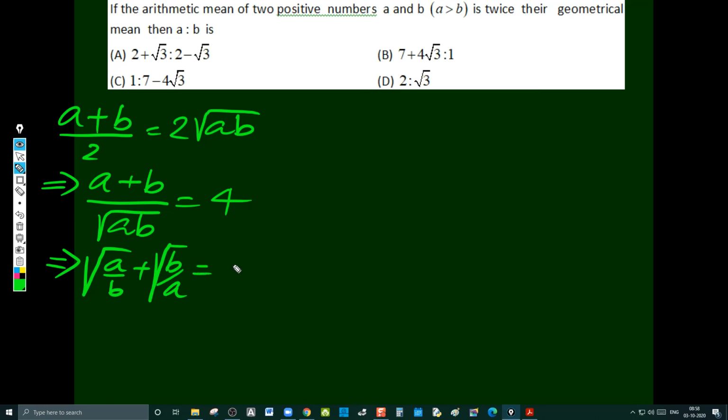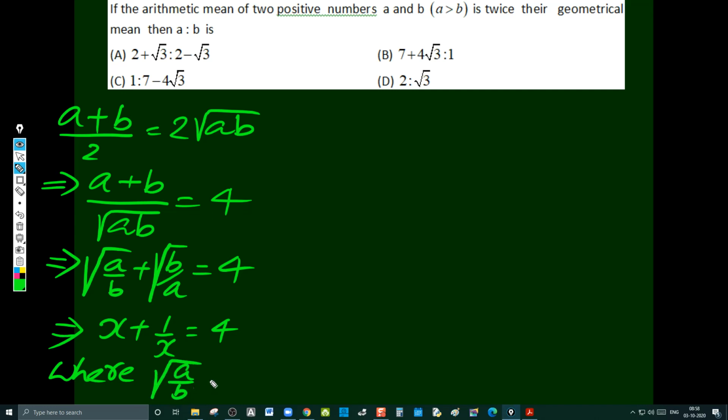Now, just write like this, x plus 1 by x. It's one of them to be 2. Where root A by B is taken as x here.